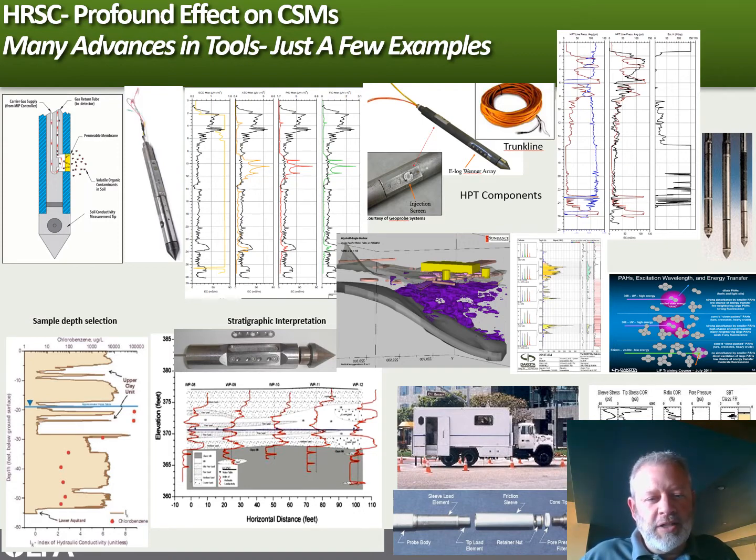Most of your mass is in the lower sand units, but it's actually these two very fine sand layers, about 6 inches or less, that have huge concentrations, orders of magnitude higher than elsewhere, and those are embedded within a larger clay unit. Typically, we would not identify those and screen a well, for example, to identify those. But within those finer sand units in a much larger clay unit, you can have concentrations many orders of magnitude above what you might see in the sands just a few feet away.